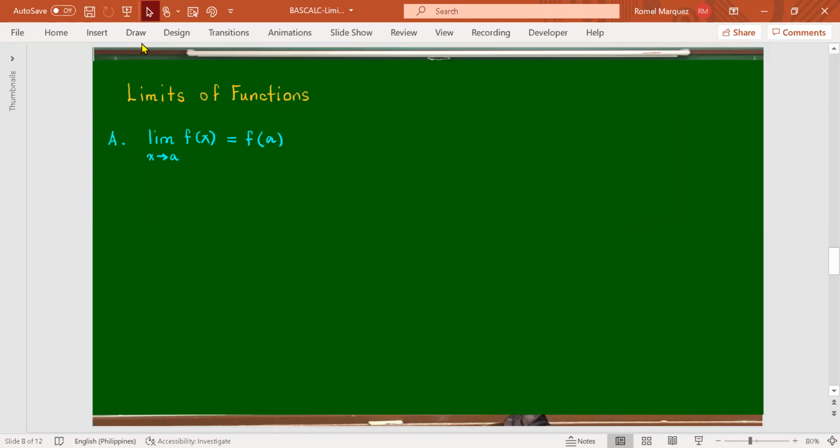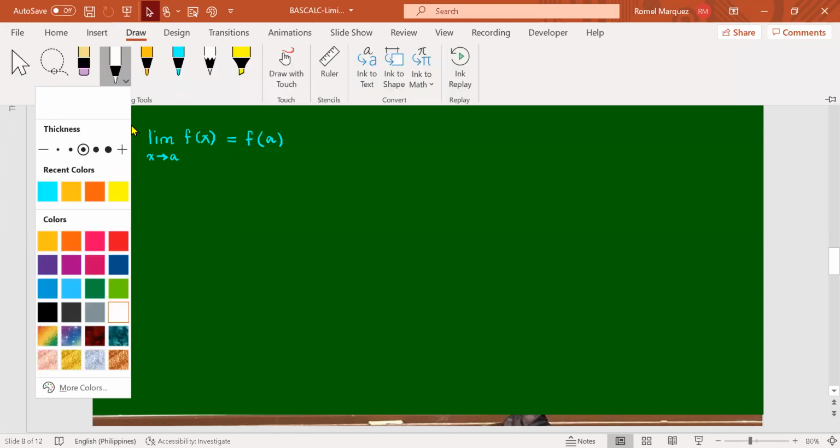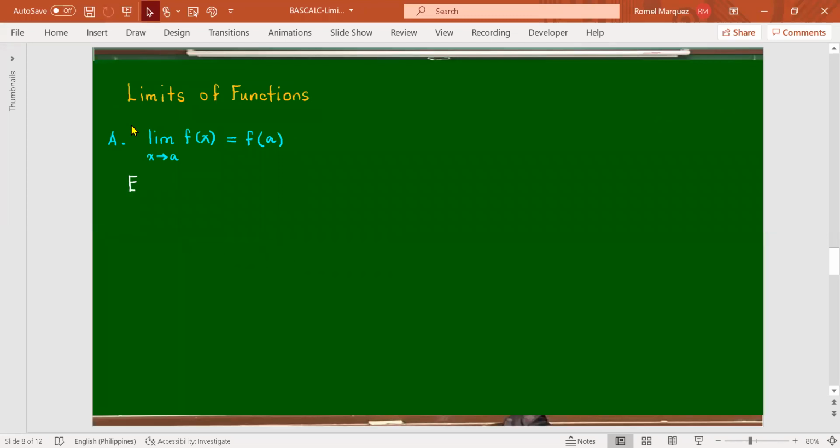Yes. So it is easy to evaluate a limit when the limit of f of x as x approaches a is just equal to the function value. So for instance, let's say we are asked to evaluate number 1: the limit as x approaches 2 of x squared minus 2x plus 1. Since this is a polynomial, I can apply the direct substitution rule.